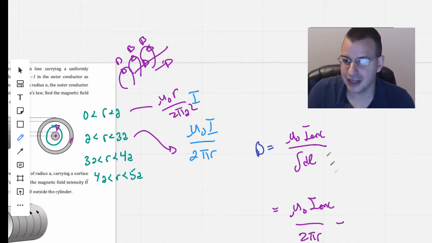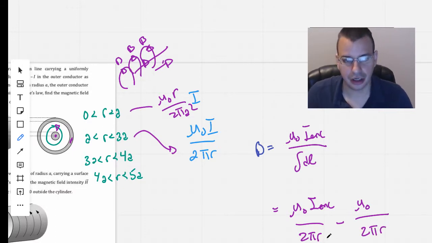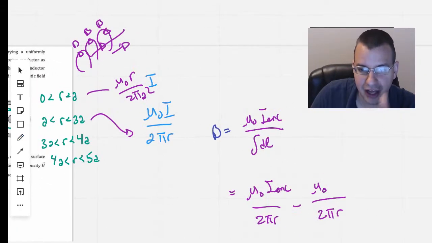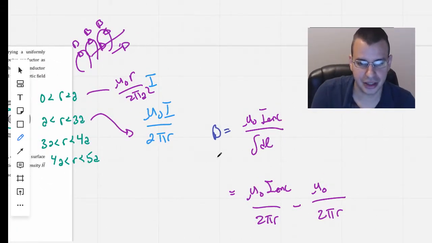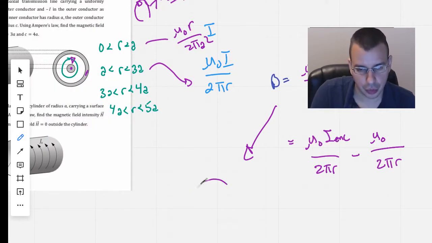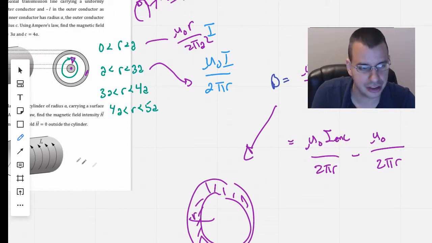And so that will follow the same format we have up here. So mu naught all over 2 pi r, because the radius will be the same. But we need to now figure out what this I enclosed is. And this I enclosed will be something like, we have a circle like this, which is our r distance. And then we'll have another circle around it.